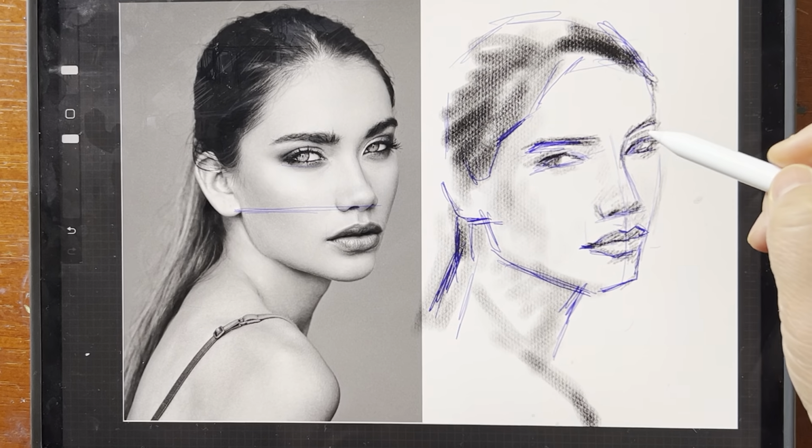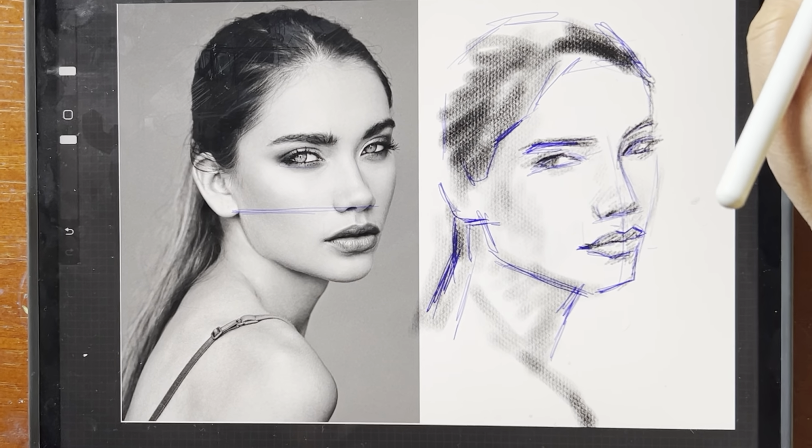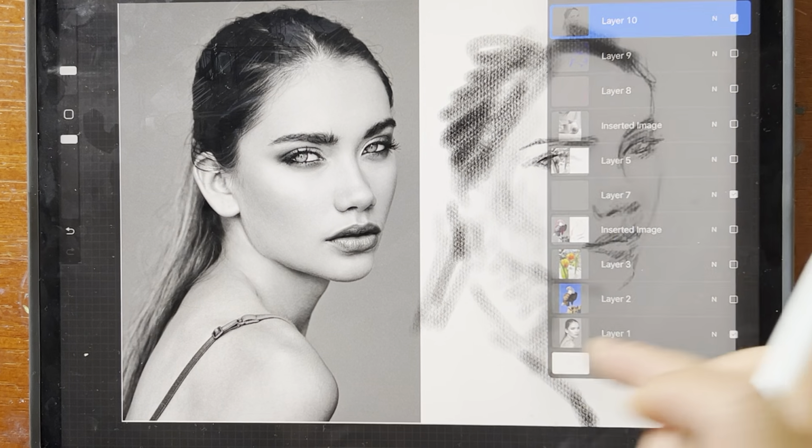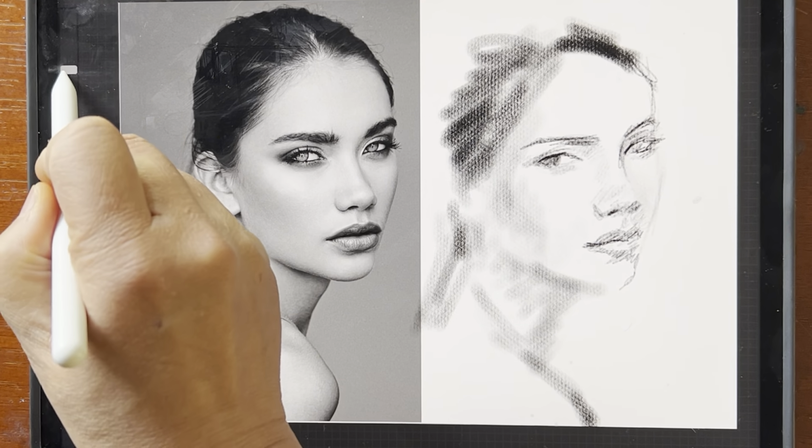Here's a bit. Okay, here we go. Get rid of the blue line. Yeah, the blue line is very distracting.